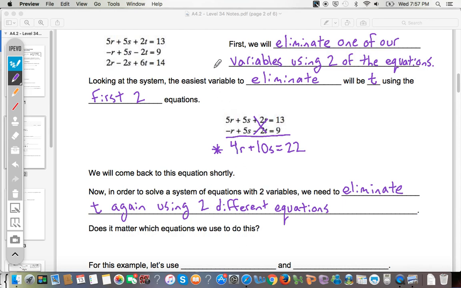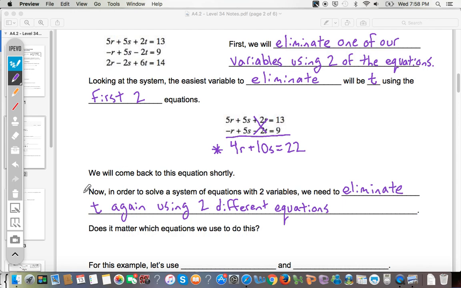So we took 2 equations up here and eliminated a variable. So now what we want to do is create another equation similar to this, a 2-variable equation with r and s as our variables. So we're going to do that by eliminating t again using 2 different equations.